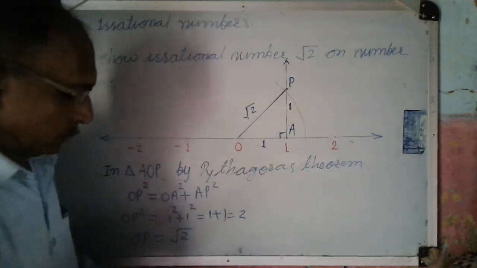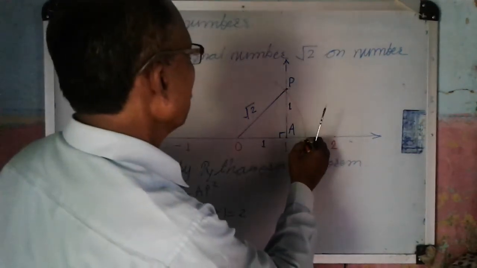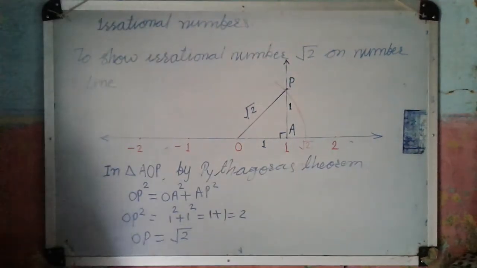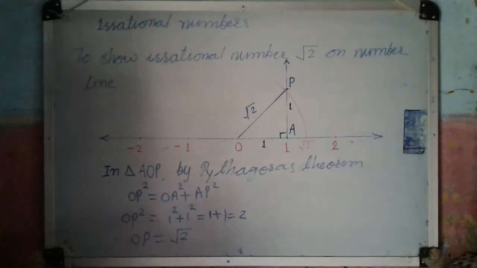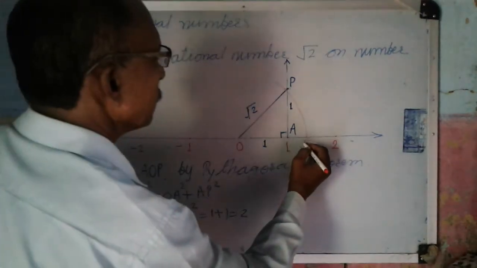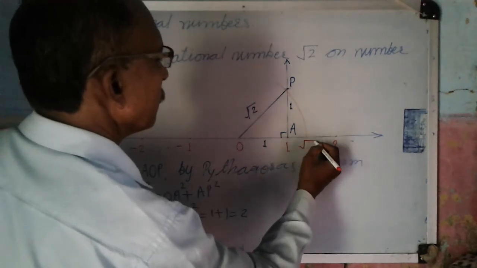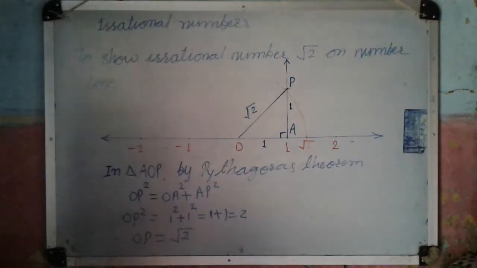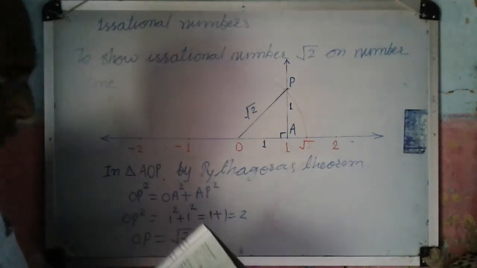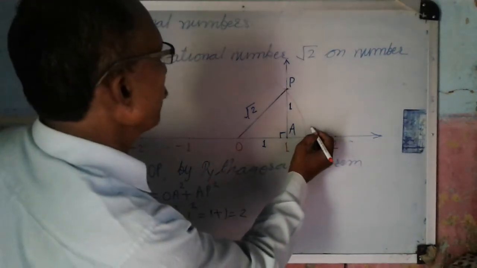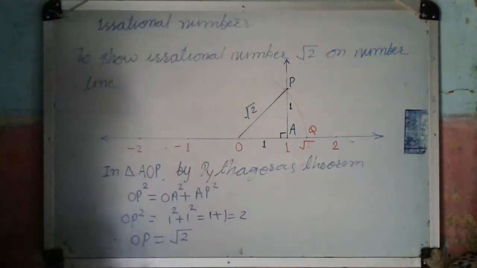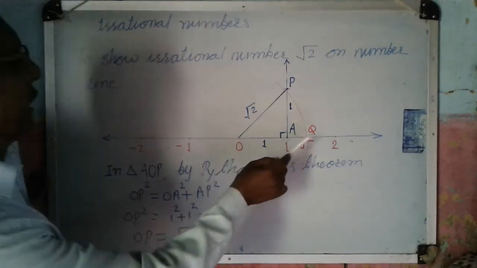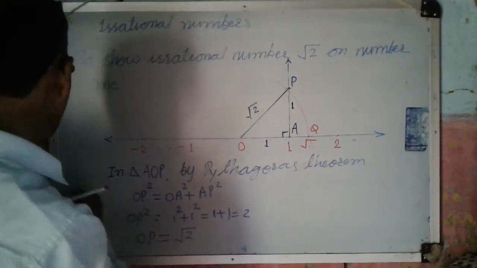So here is root 2. So on number line, this point is root 2. Let that point be Q. So in this way, we can show irrational number on number line.